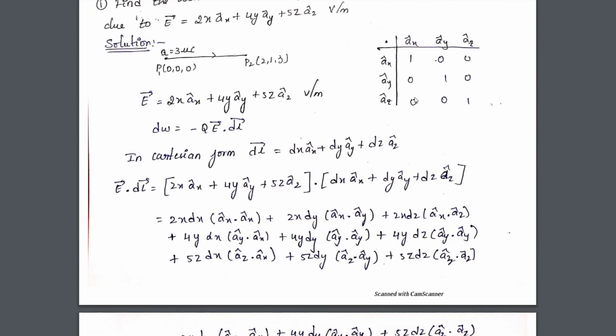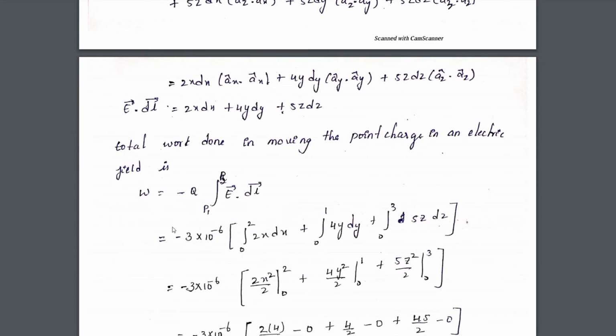According to the dot product table, 6 terms become 0, retaining only the 3 terms. ax dot ax is 1, ay dot ay is 1, az dot az is 1. So E dot dl finally results in a scalar quantity. All of you know the dot product of two vectors is always a scalar.